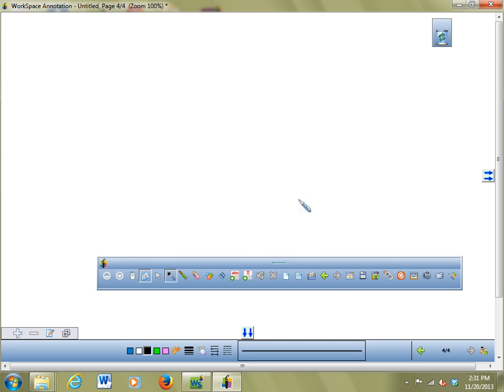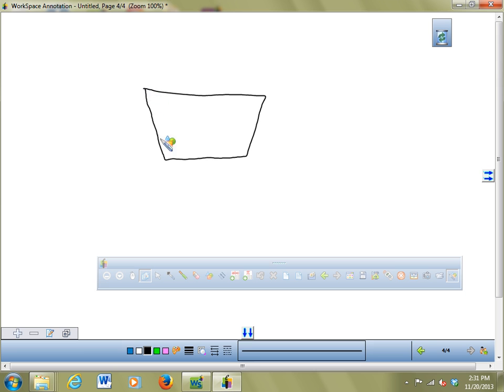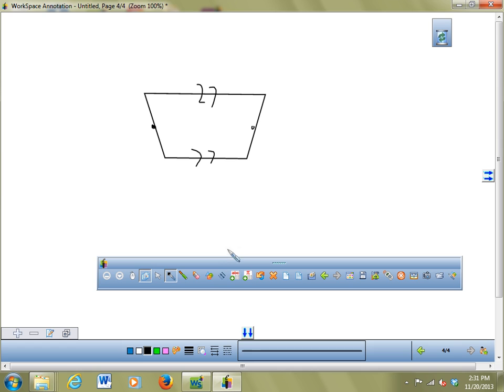If I have a trapezoid here, let's do it upside down, just to make things more complicated. I mark the parallel sides, and then I connect these two midpoints like this, and I say that this piece is equal in length to this piece, and this piece is equal to this piece, and I tell you that this is 100 degrees over here.